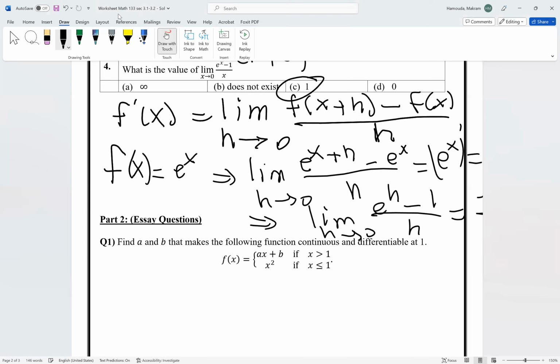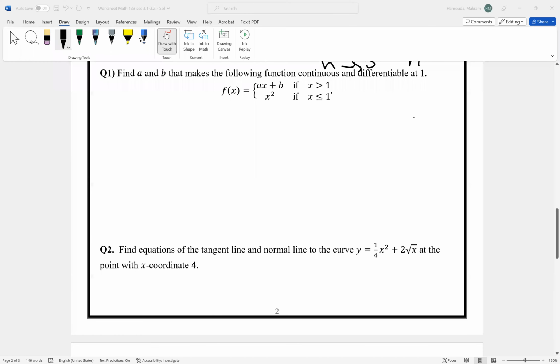Okay, so now we can move to the essay. So question number 1, find a and b that makes the following function continuous and differentiable at 1. First, we will start with the continuity. So if we want to have the continuity of this function at 1, we must have limit to the right equal to limit to the left equal to the value of f at 1, and f at 1 here is equal to 1.